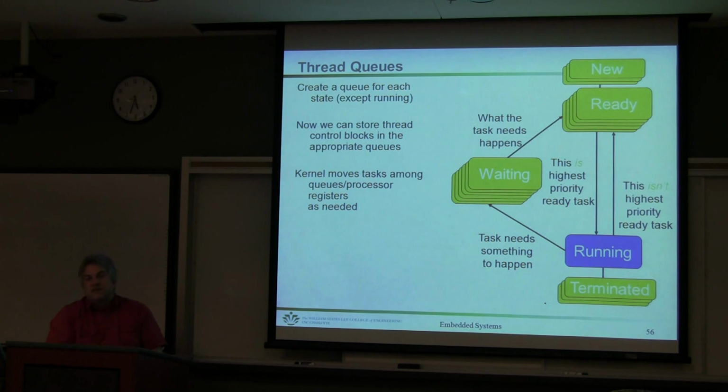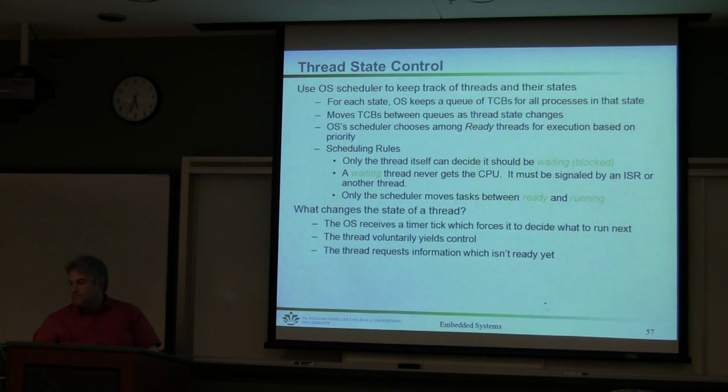Maybe a ready task or a ready thread is, there's a phone call coming in on your cell phone, answer the phone. And so that would be moved to the running state, and maybe whatever was running will be moved off to something that's a little bit later, or be moved off to waiting or to ready.